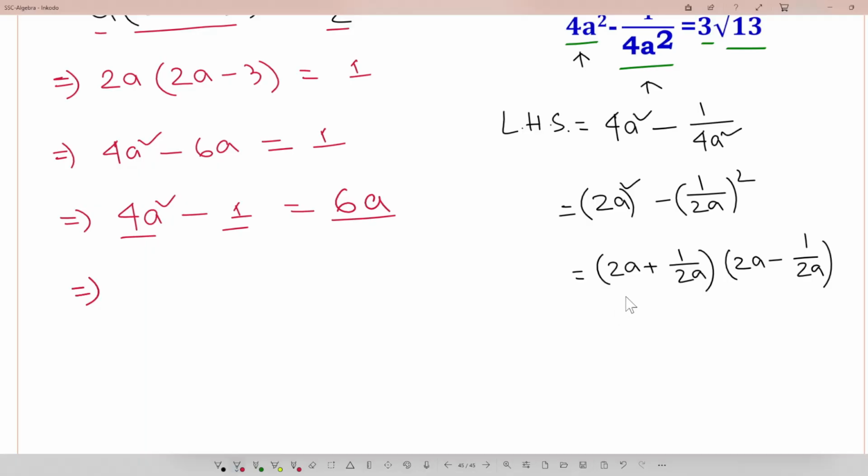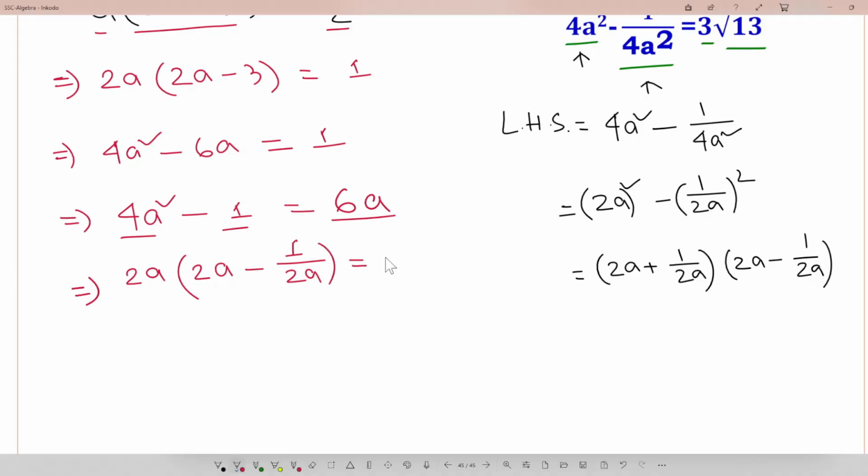Our target is to make 2a plus 1 by 2a or 2a minus 1 by 2a, right? So in this case we can take common 2a. So 4 divide 2, it will be 2. A square divide a, it will be a. But from 1 we cannot take common 2a. That's why it will be 1 divide 2a.